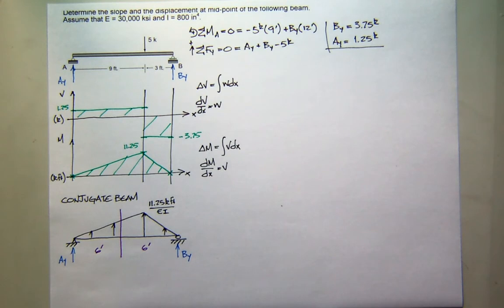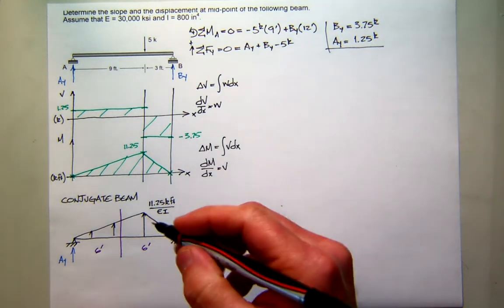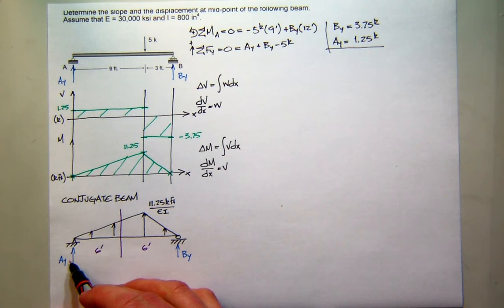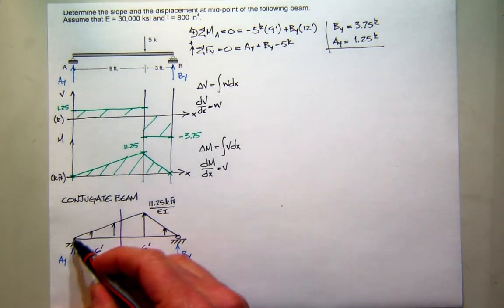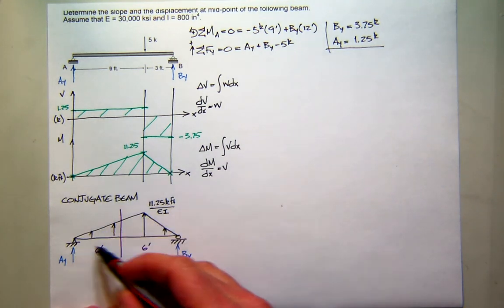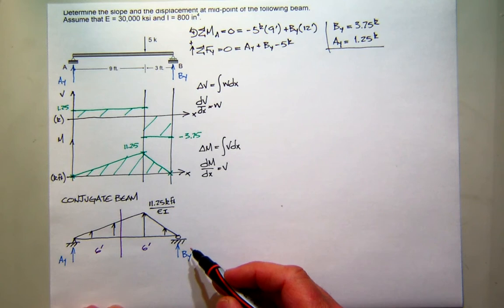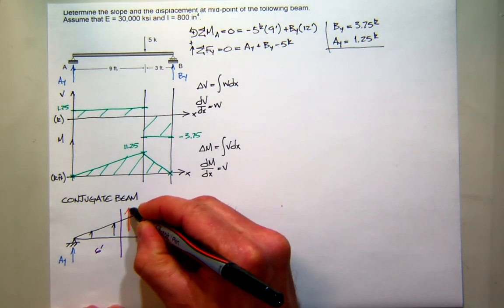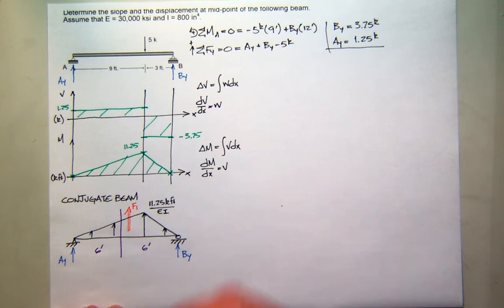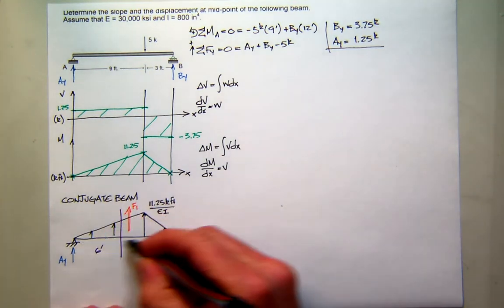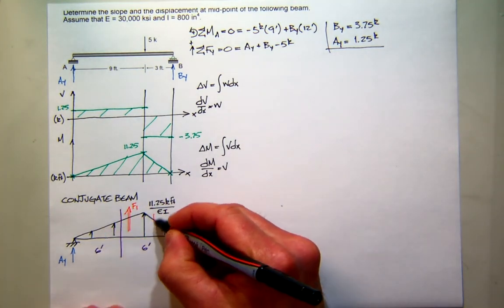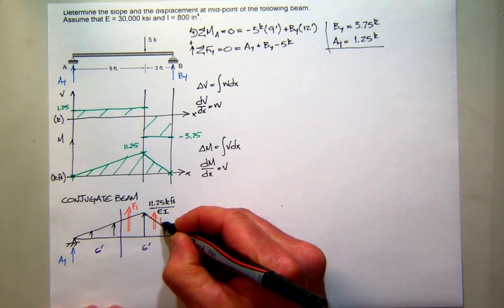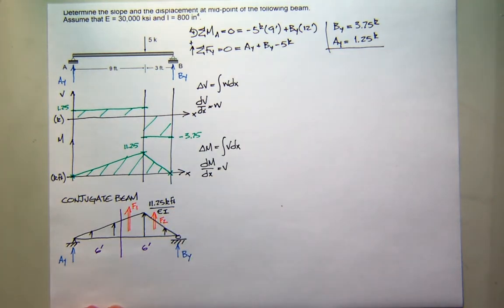Okay? Now here's where it gets a little more tedious. To find my reaction at A, I need to find concentrated forces that are equivalent to these distributed loads. You can see that I have one load, which I'll call F1 for this triangular shape, and a second one I'll call F2 for that one.